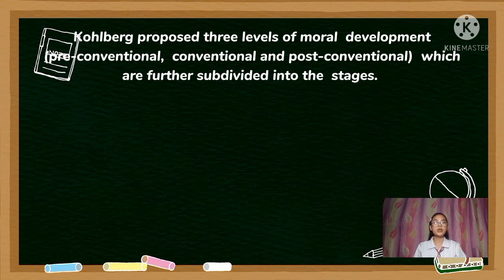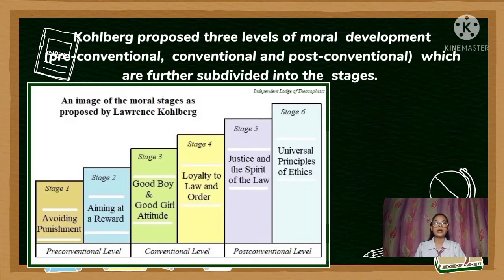He proposed the 3 levels of moral development: the pre-conventional level, conventional level, and post-conventional level. Under pre-conventional, we have stage 1, avoiding punishment, and stage 2, aiming at a reward.